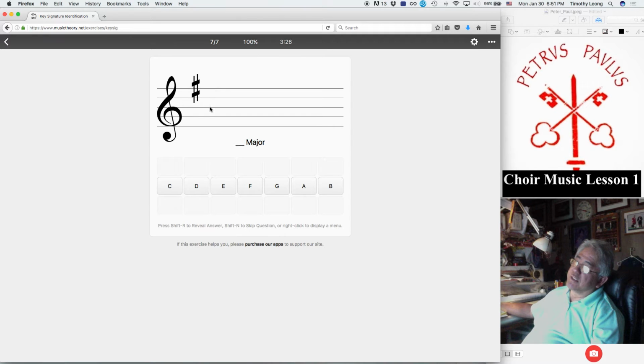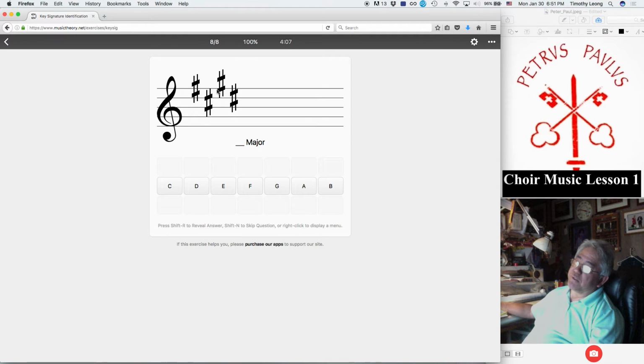Okay, so this is C, D, E, F, G. We are in the key of G major with one sharp because we go up from C every time there's a sharp added. So this would be G major. Let's try that. Pretty good. You got a green thing on the G. Now we've got 4 of these.